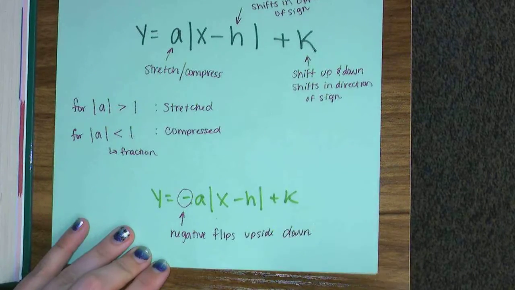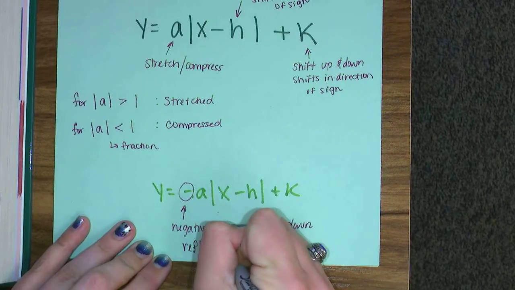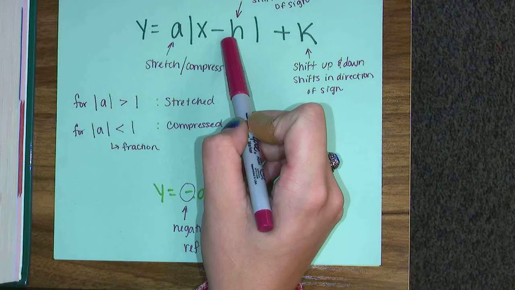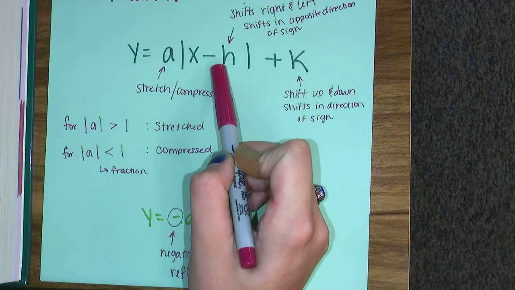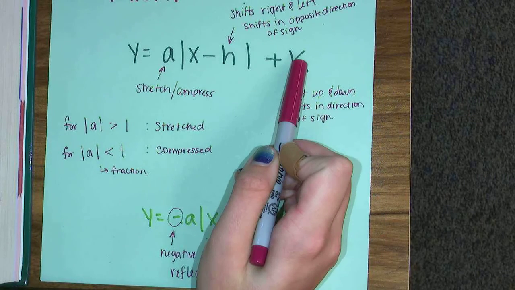So the way you would write that to tell me what's happening is you would tell me that it's being reflected. Okay, and notice h is always going to be inside the absolute value, and that's always going to be the right or left. If it's outside, then it's going to be the up or down.